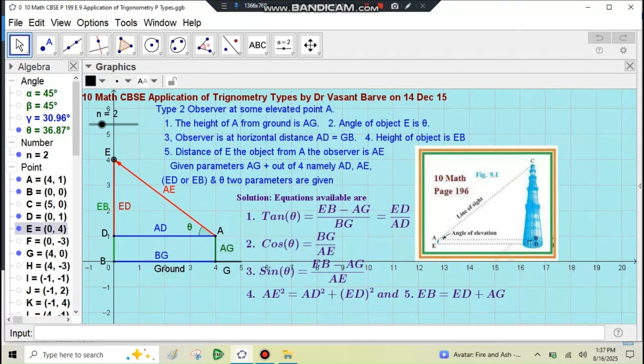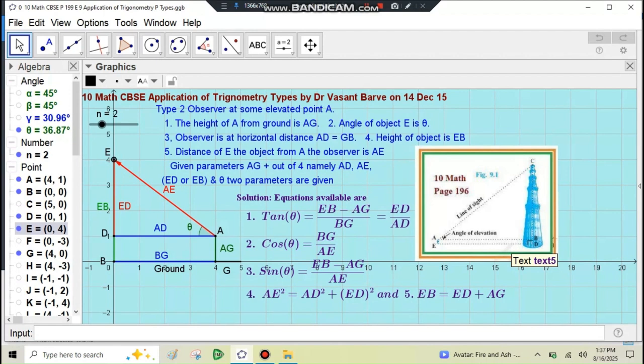Now this is a very famous problem. See, you have the Qutub Minar and somebody is standing at some known distance from the base. You will see that this AE is the ground level, whereas the point A is the eye level of the person.